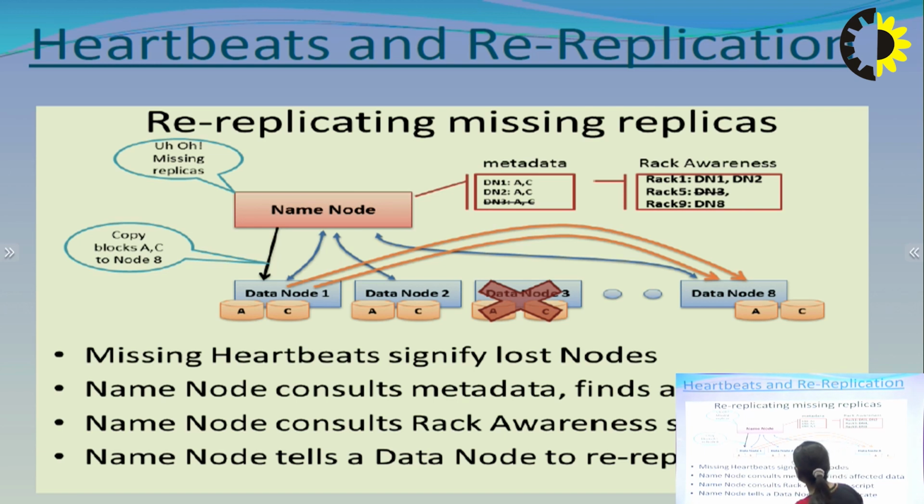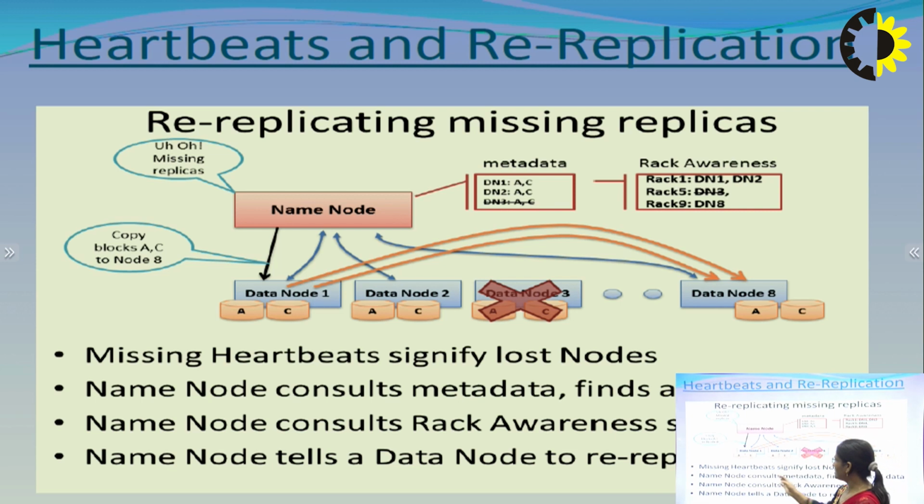So it has created a new copy of block AC on data node 8 that contains the same blocks, A and C, because data node 3 failed. So that is how re-replicating missing replicas works.